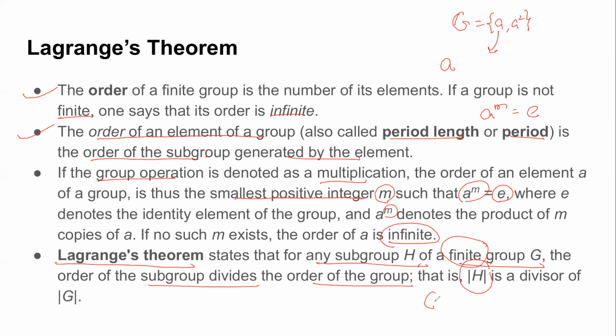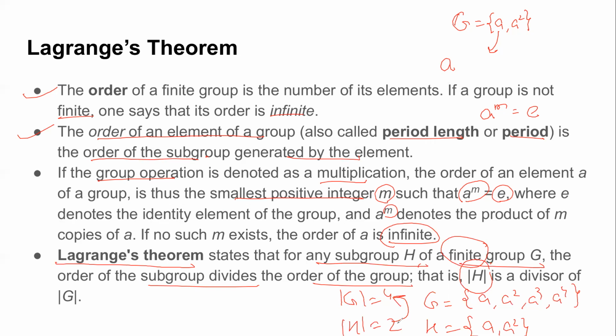So I'll give you an example. Suppose G is A, A square, A cube, A4, and H is A, A square. You can see the size of G is 4, the size of H is 2, and 2 divides 4.